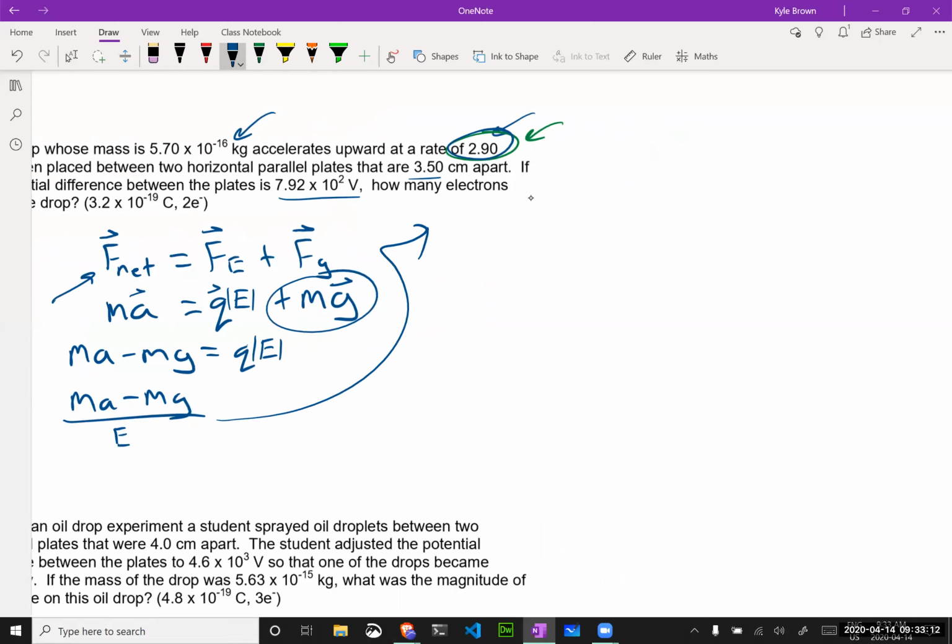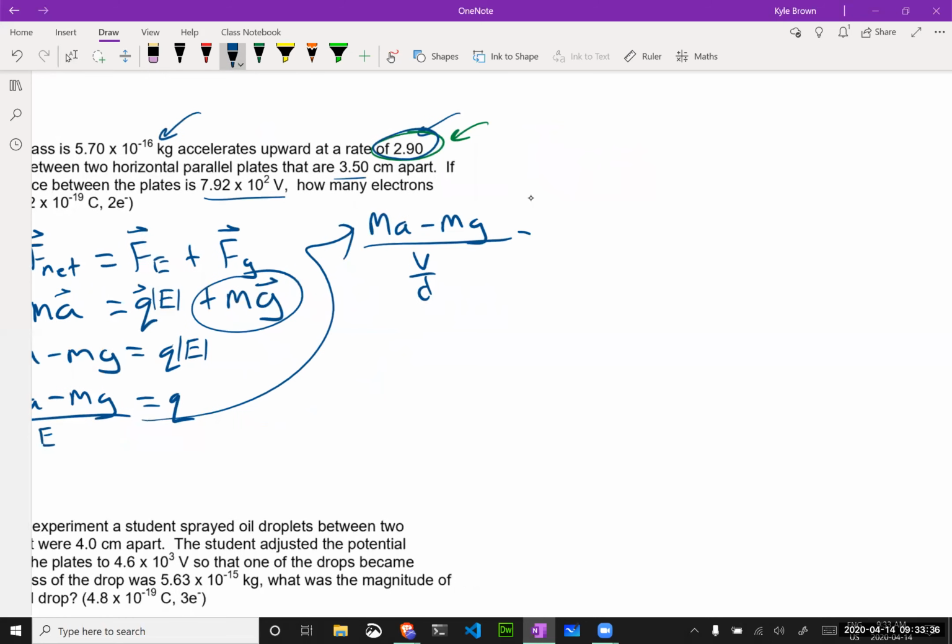Okay, now we don't actually know the electric field strength though, do we? So, oh, sorry, that was equal to Q. So let's put that in too. So now we're going to have mass times acceleration minus mass times gravity over, and then instead of an E, I'm going to write in what E is equal to, right? The electric field strength is really V over D, and that's equal to Q. Okay, so now when you divide by a fraction, that's the same as multiplying by the reciprocal, right?